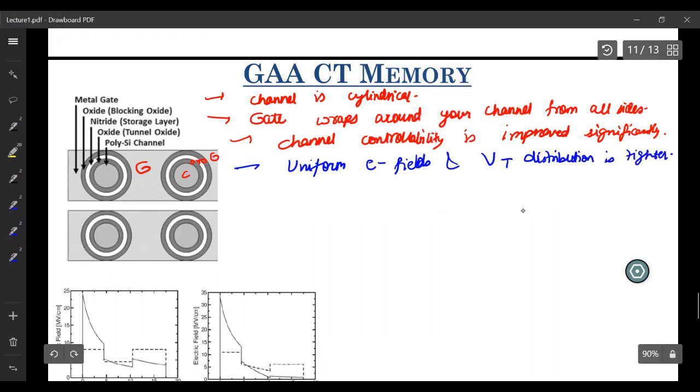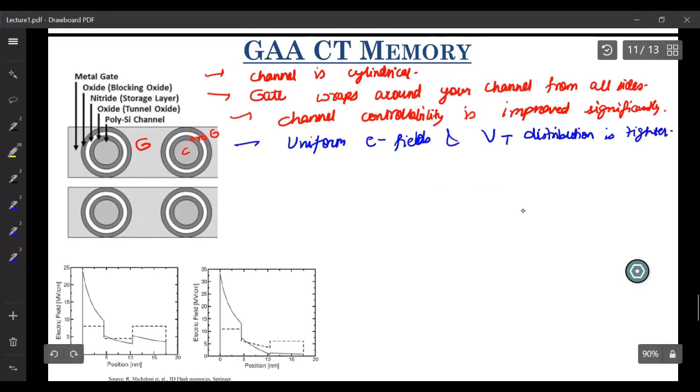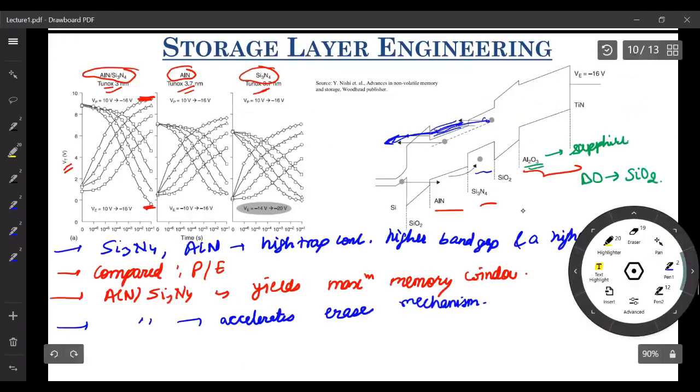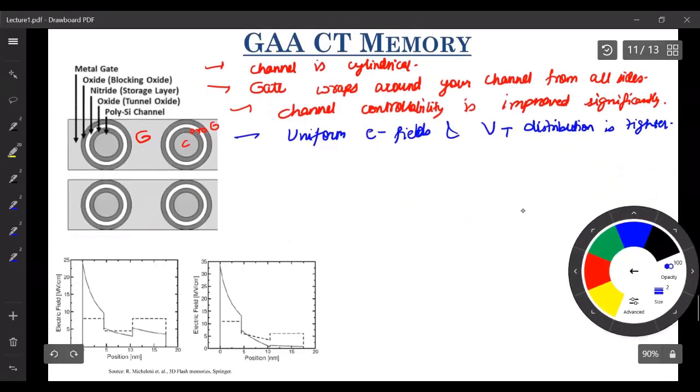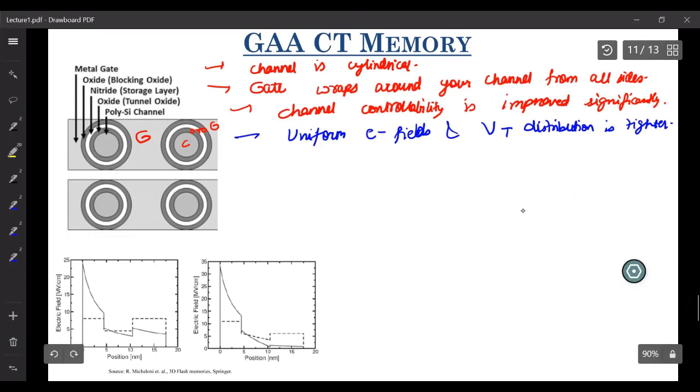Okay. Now, is this the only advantage? No. The other advantage is because of this shape. So let me tell you how. Let us look at this, and what we do is we apply a voltage on the control gate.